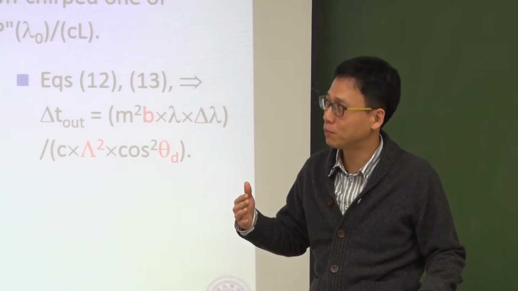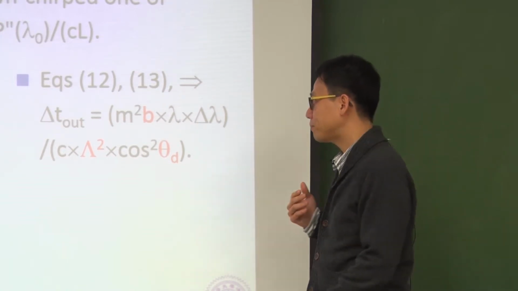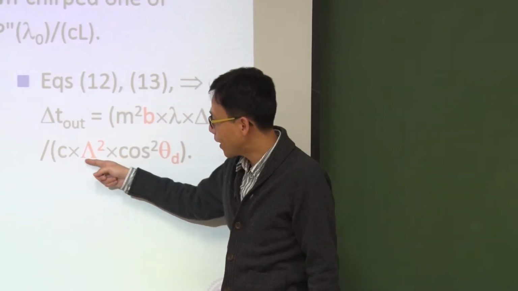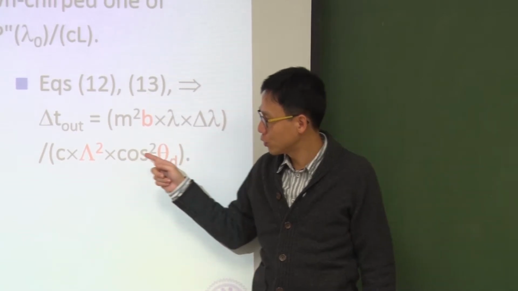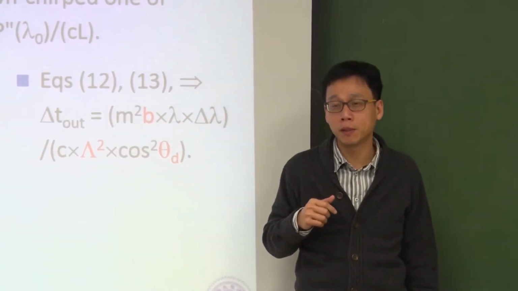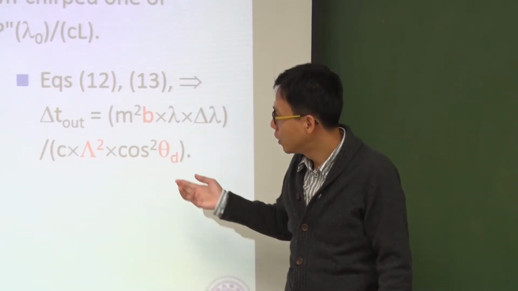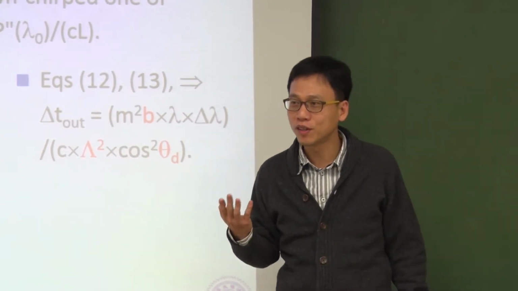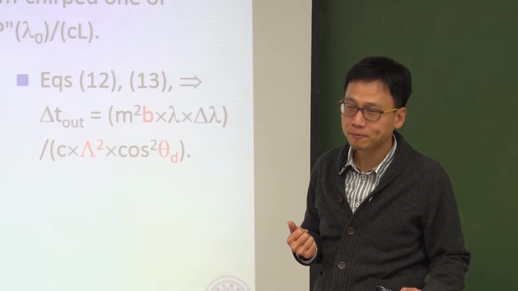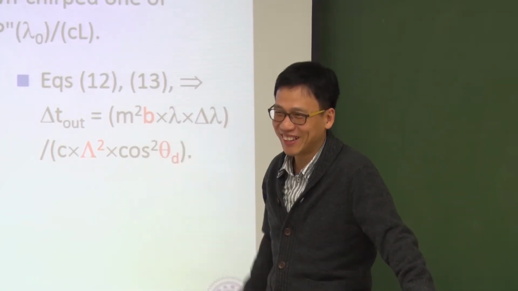More periods per millimeter. And its impact is huge, square, right? So if you reduce your capital lambda by a factor of 2, your stretched pulse width will be increased by a factor of 4, okay? A square impact, better than B, right?